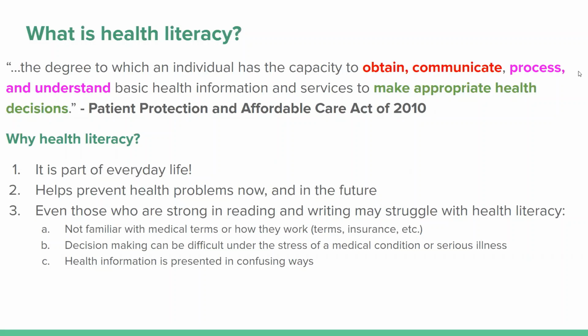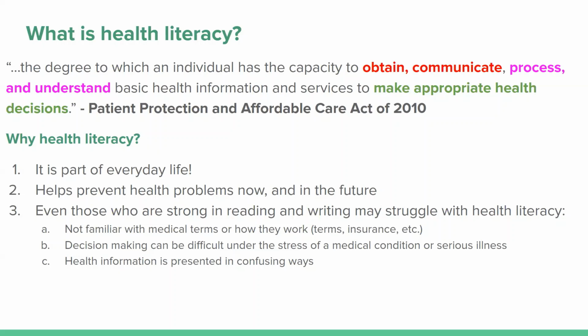So to start us off, we want to define what health literacy is. According to the Patient Protection and Affordable Care Act of 2010, it is the degree to which an individual has the capacity to obtain, communicate, process, and understand basic health information and services to make appropriate health decisions. I bolded the important parts of this definition.